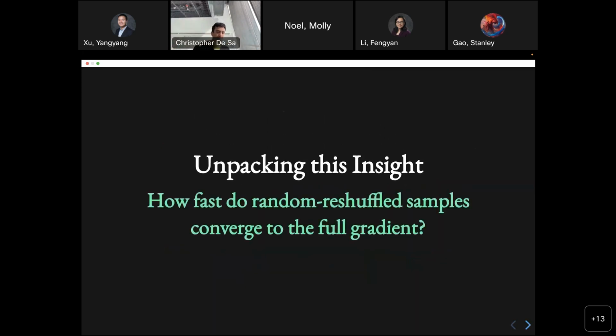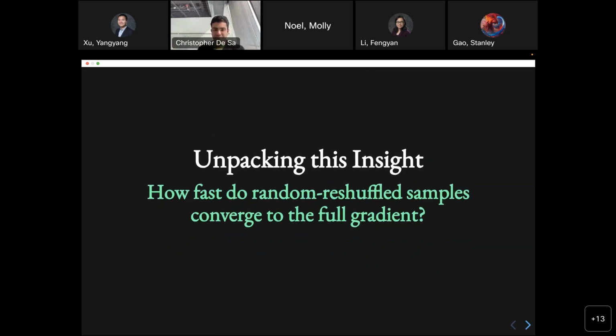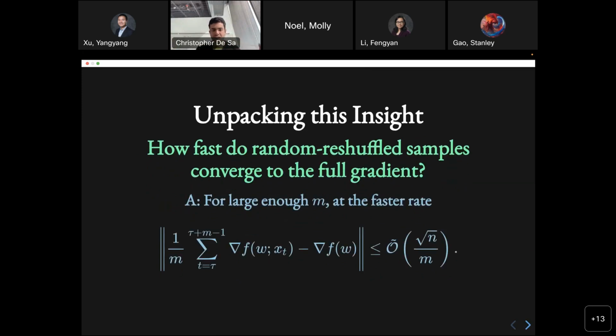However, for random reshuffling, we actually observe a slightly different rate. For large enough m, that is, if you're drawing a large enough subsequence of the example sequence, the average of the gradients will approach the full batch gradient at a rate that scales like big O tilde of square root of n over m, where n is the number of examples in the data set and m is the number of gradients that you average.